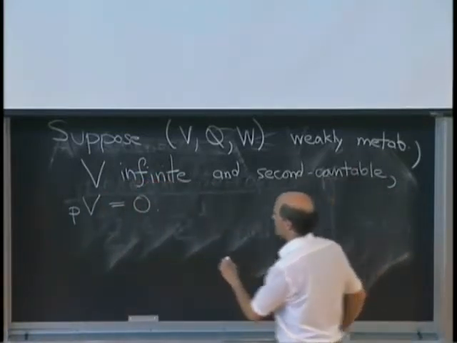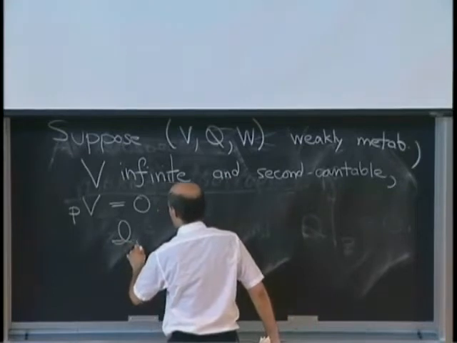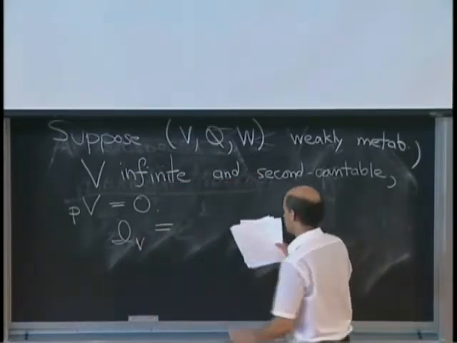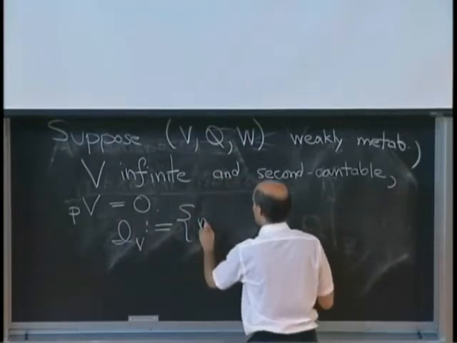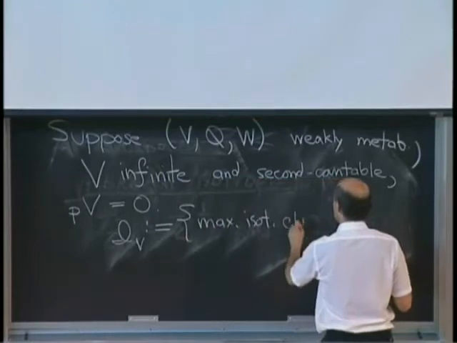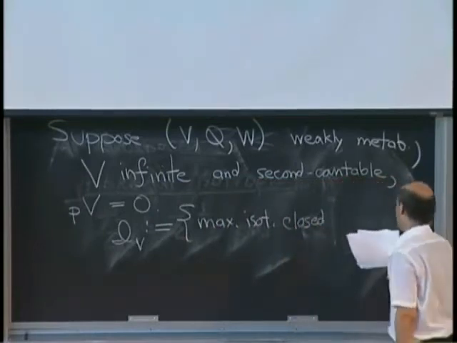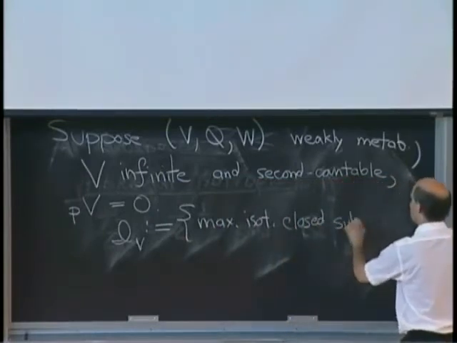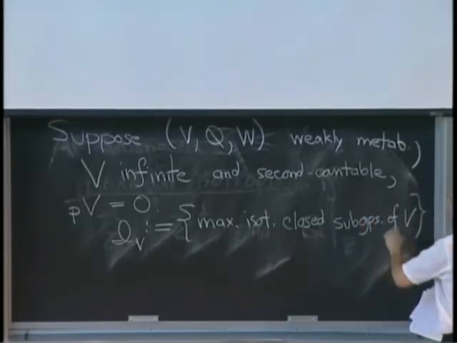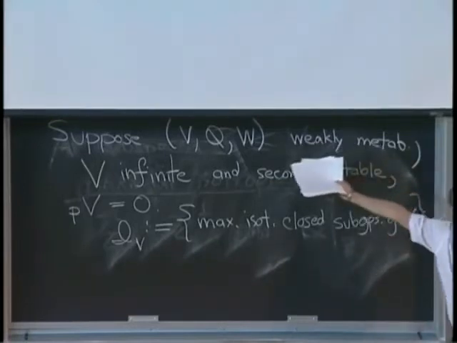Then I will define I_V to be the set of all maximal isotropic closed subgroups of V. I know there's at least one because it's weakly metabolic, the W is one.